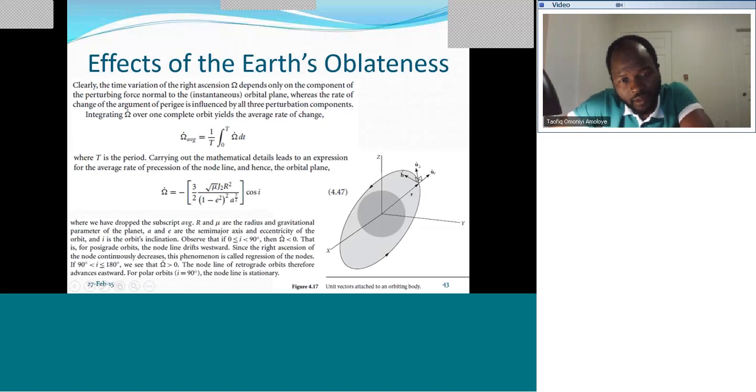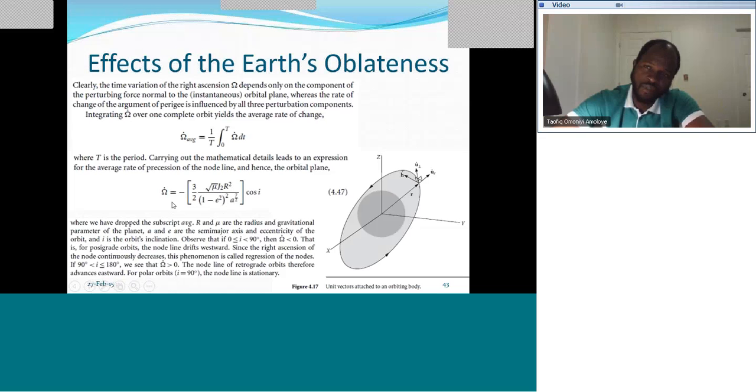So we are just looking at the case where the inclination is between 0 and 90 degrees. What this means is that in that case, the node line is going to be shifting westwards. That is, there's a negative change in the right ascension.